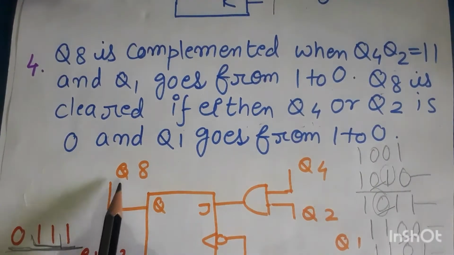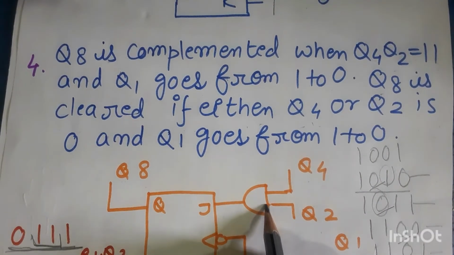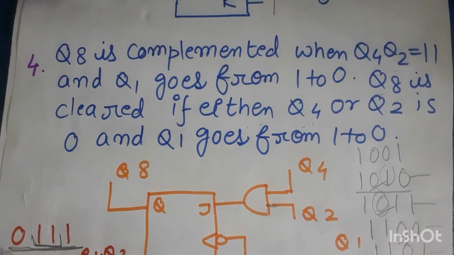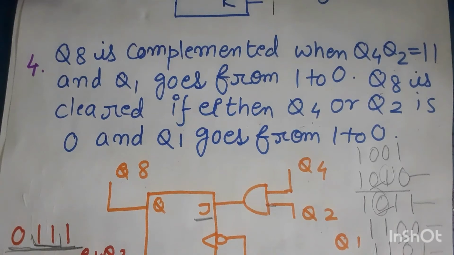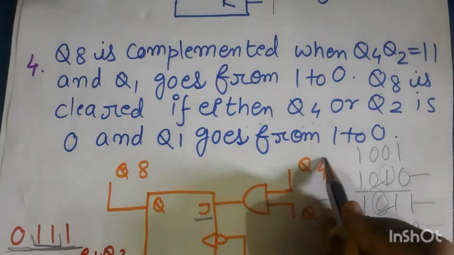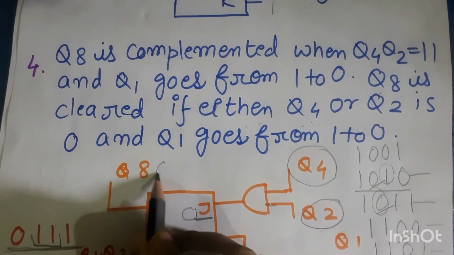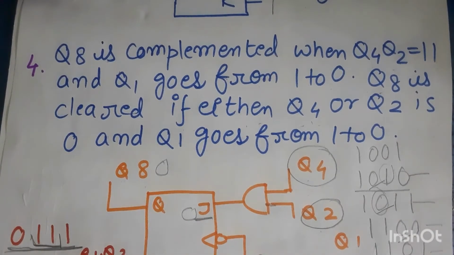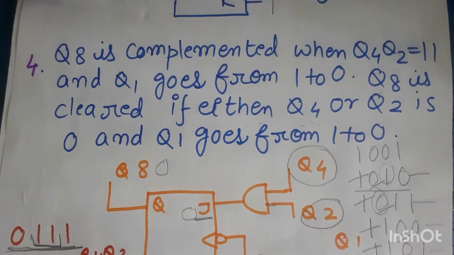For all of them we have to put Q8 equal to 0. So Q4, Q2 go to the AND gate, and it is coming to the J input. If either Q2 or Q4 is 0, J is 0, and it will clear Q8. For this condition, this condition, this condition, this condition, we are going to have 0 at Q8, so they won't happen.